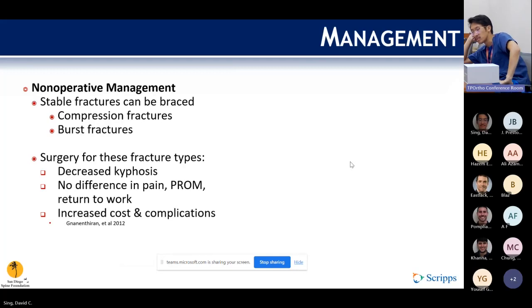So when can you not do surgery is the big question here. In general, a compression fracture with intact posterior cortex and intact posterior elements, you can brace. The burst fracture that violates the posterior cortex with minimal retropulsion and no neurologic deficit, I think that one usually we try to brace.